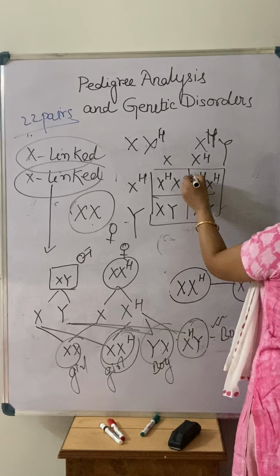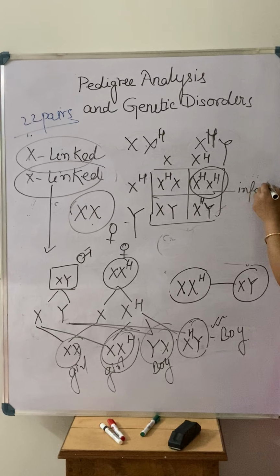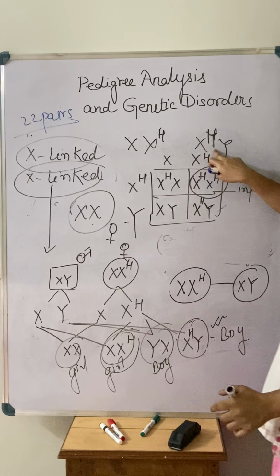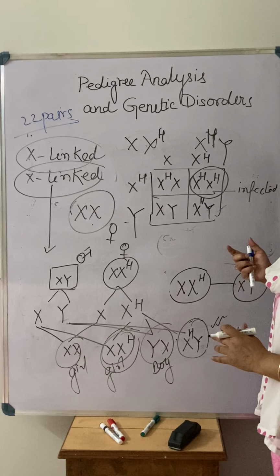So when you see this combination, what is this? This is the infected female. So for this, there should be a female who is a carrier, and the father should be infected. So this is known as the rare condition.